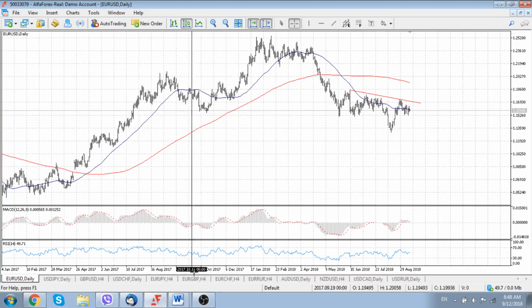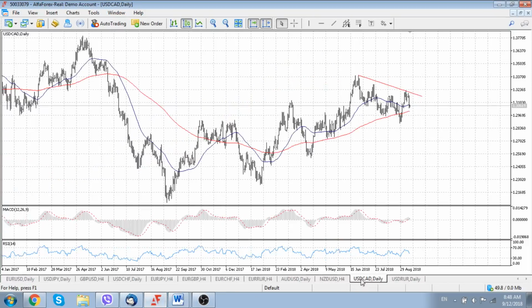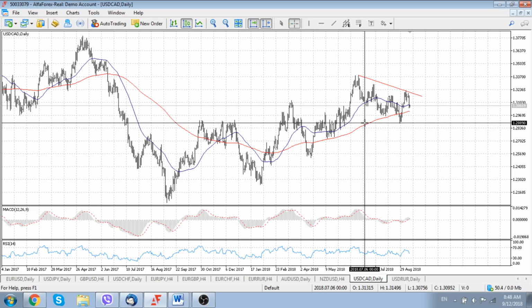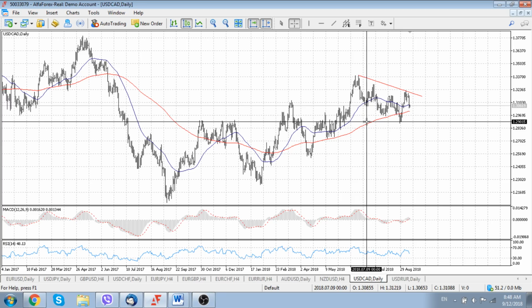The next level to watch in dollar Canada right now is the support barrier located around 129, so we decided to put our initial target level there. But in any case, we are ready to change the situation and to change our strategic portfolio as well.